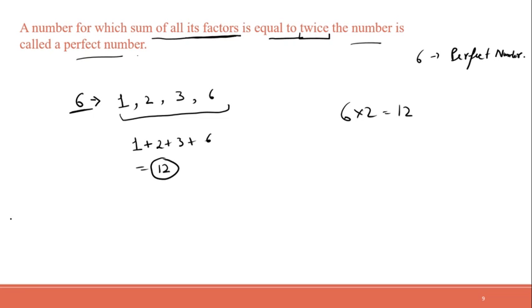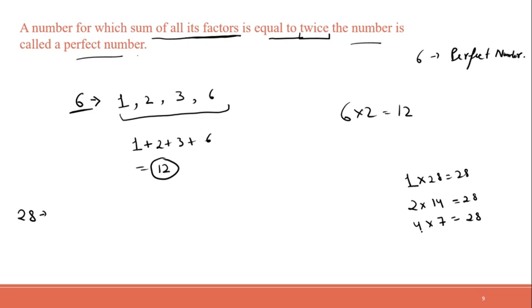Got it? Another example is this 28. How will you find the factors of 28? 1 into 28 is 28. 2 into 14 is 28 again. Then 3 will not divide 28. Now come to 4. 4 into 7 is 28.